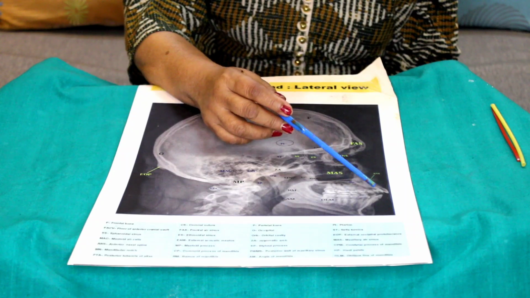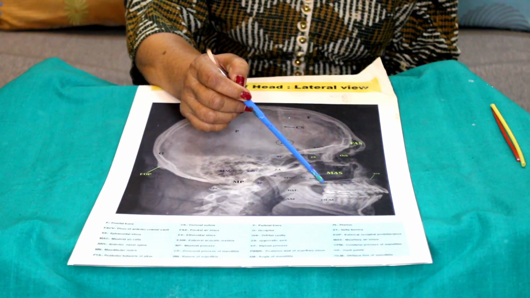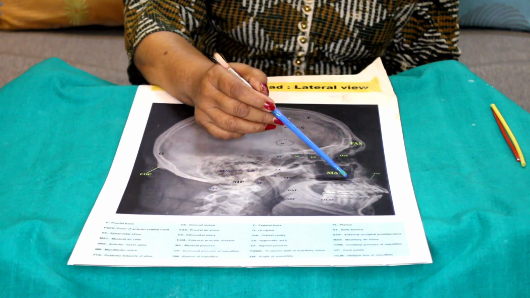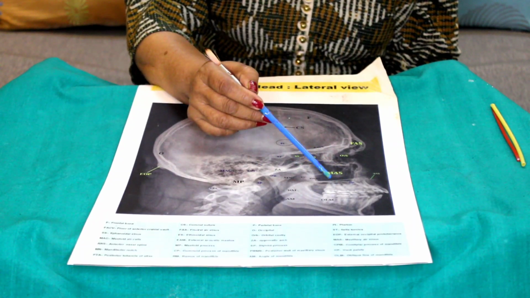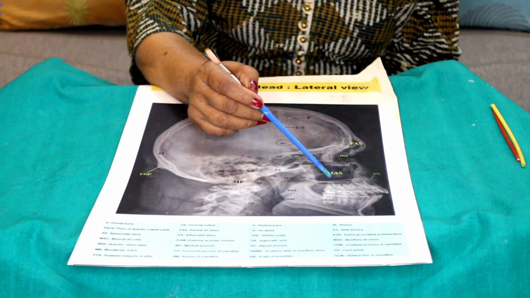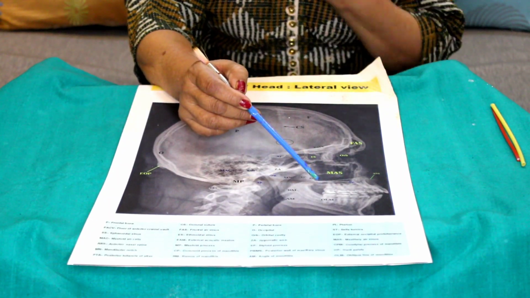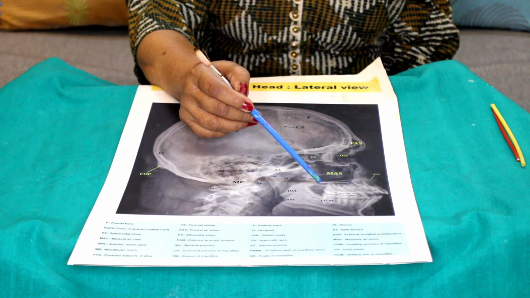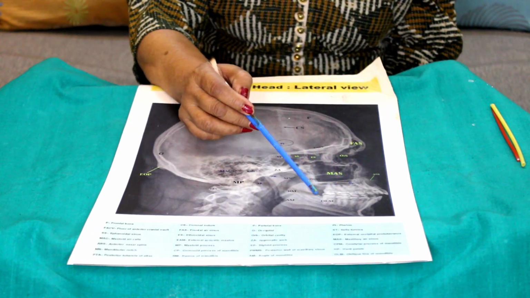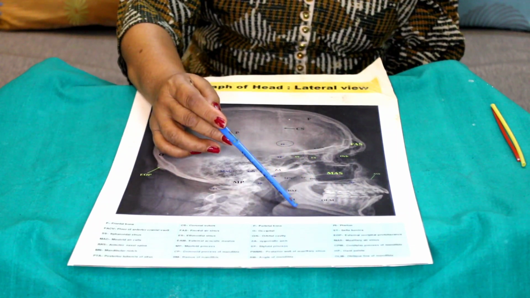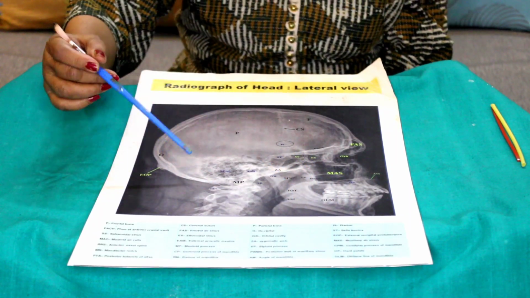Next thing you will see, this is the upper jaw, this is the alveolar process of the maxilla, this is the hard palate formed by the palatine process of the maxilla and behind by the horizontal process of the palatine bone. This is the mouth cavity, this is the lower jaw or mandible, this is the angle of the mandible.